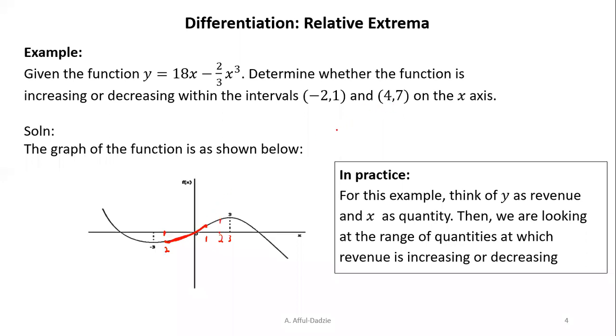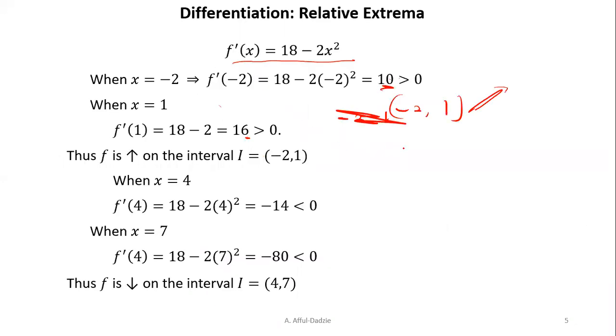Now let's look at the case of 4 and 7. Again, we apply the same idea. When x equals 4, we substitute it into this expression, and we have minus 14, and when x is 7, we have minus 80.